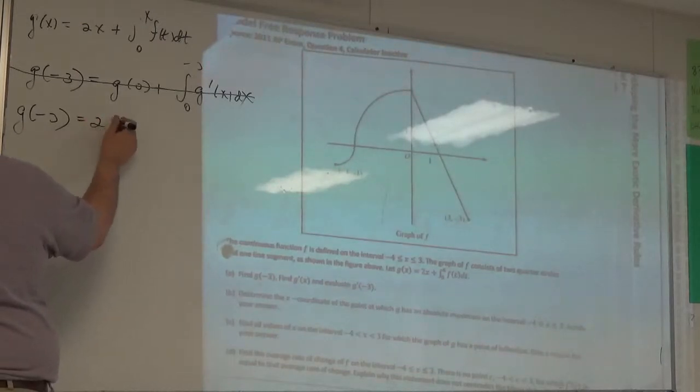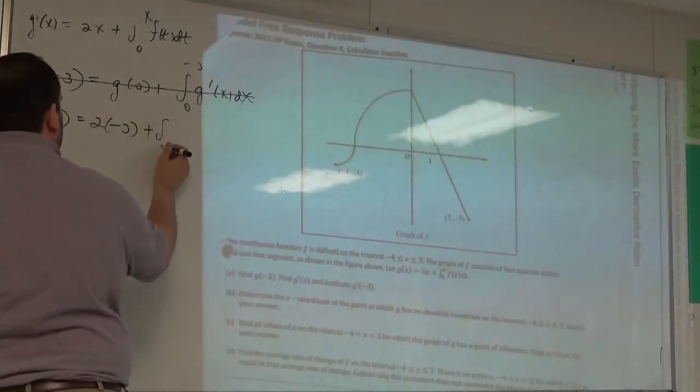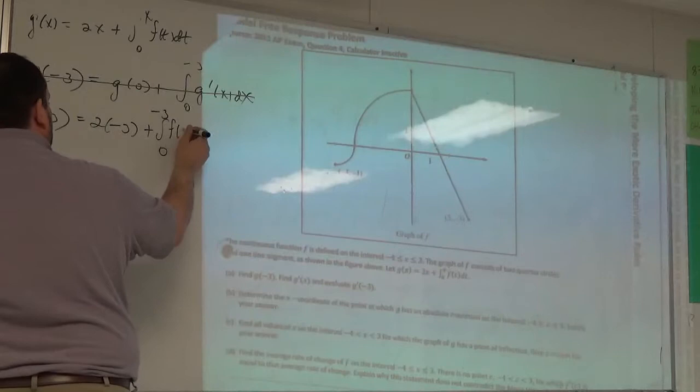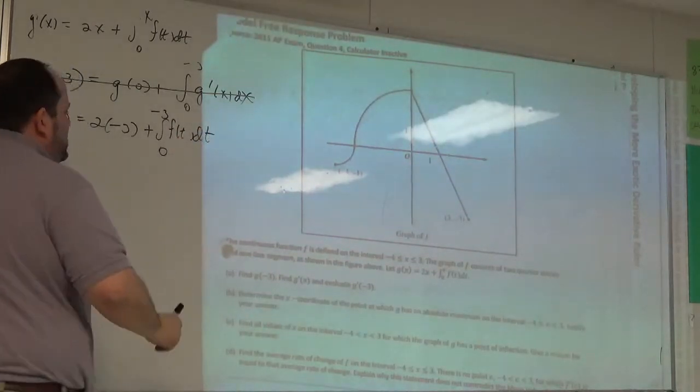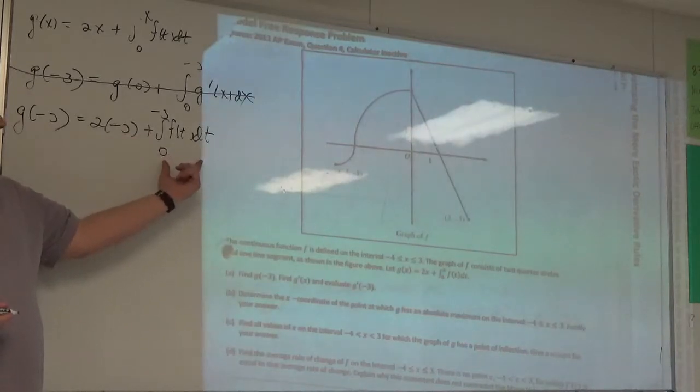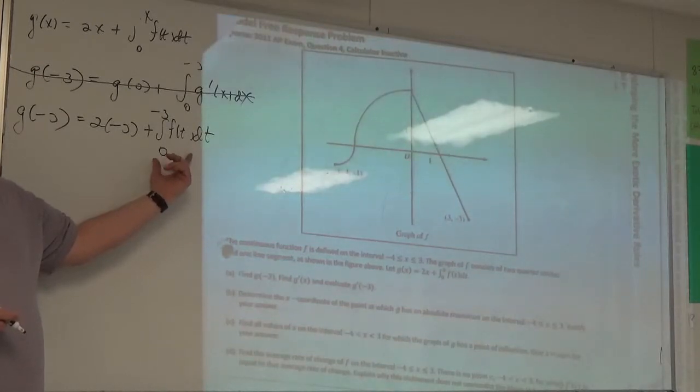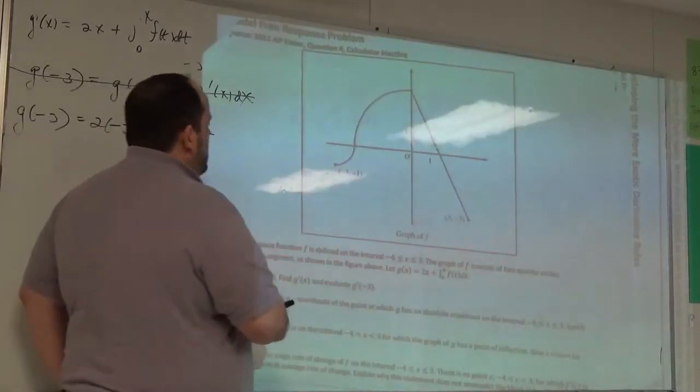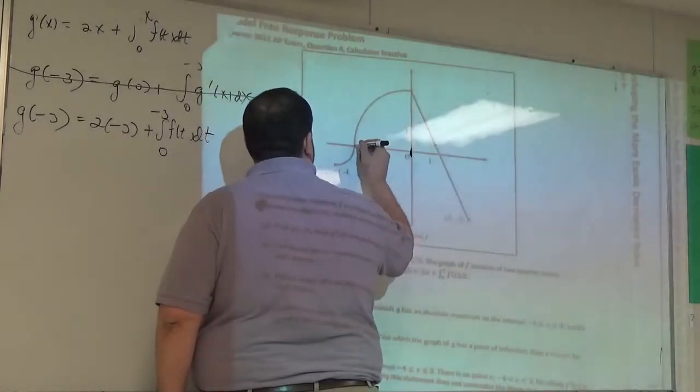So g of -3 is going to be 2 times -3 plus the integral from 0 to -3 of f of t dt. This part's easy, right? The -6. But how am I going to find the area from 0 to -3? I need the area from 0 to -3.